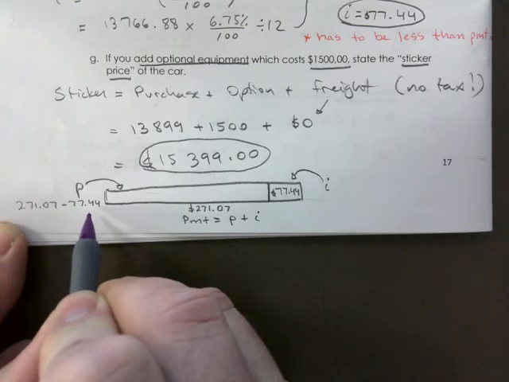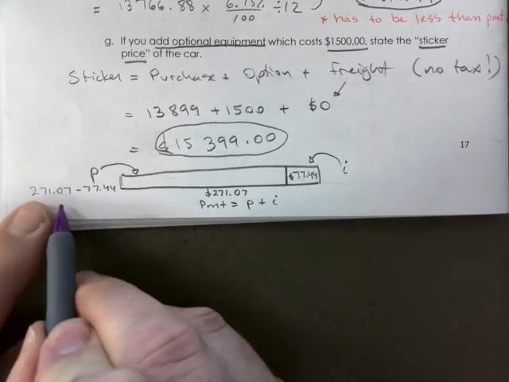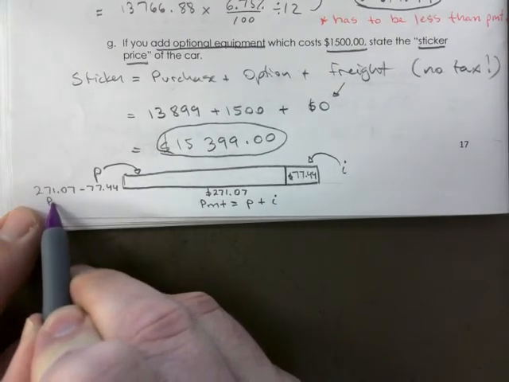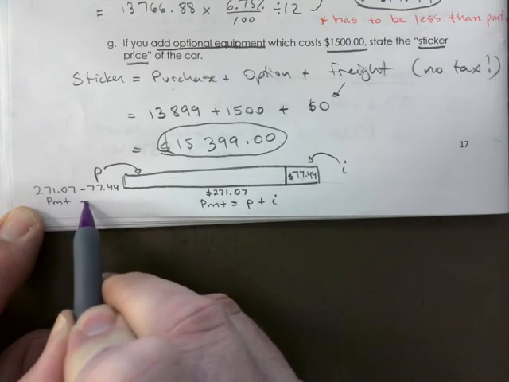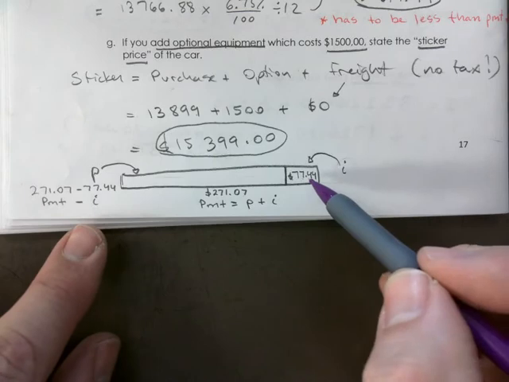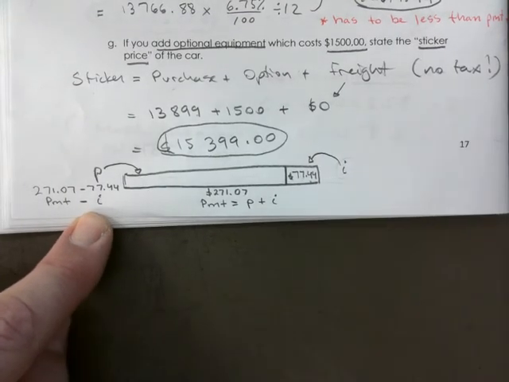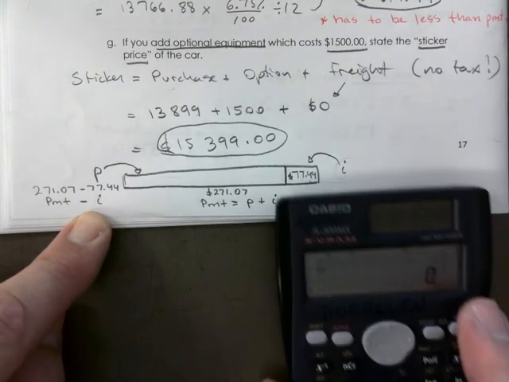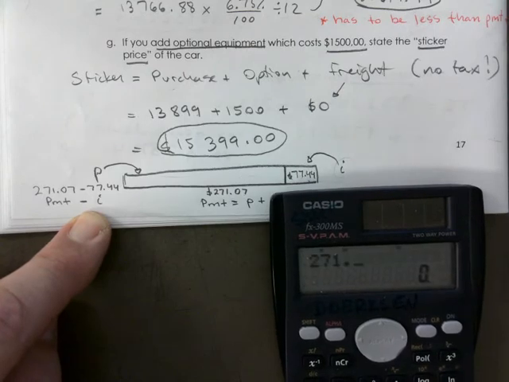Okay, you subtract. You take your payment, and you subtract i from it, like that interest portion that we already know what it is. 271.07 minus 77.44.